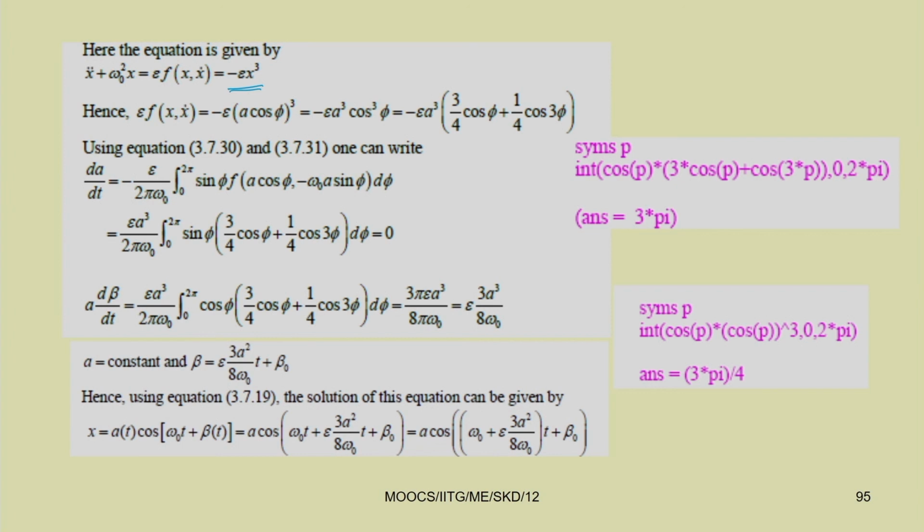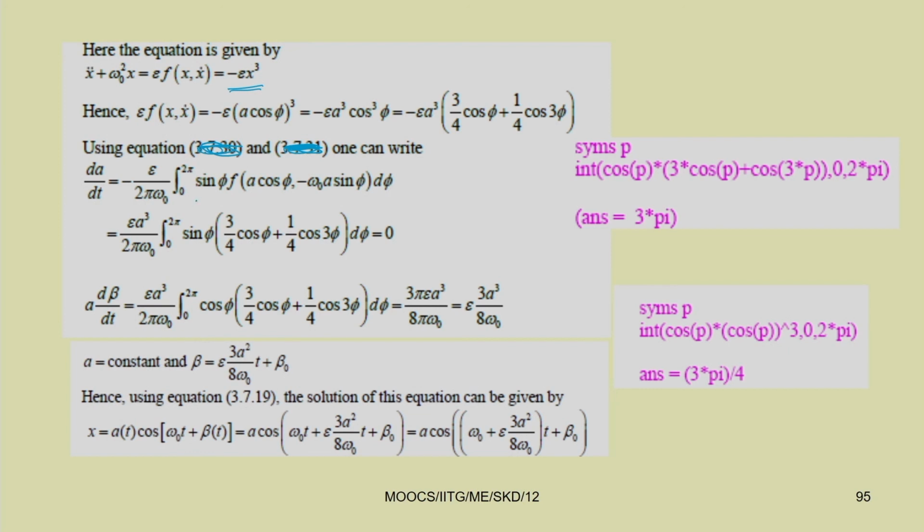So, now by using the previous equation, we can write this dA by dt equal to this forcing function multiplied by sin phi, integrated over 0 to 2 pi and further multiplied by minus epsilon by 2 pi omega 0.